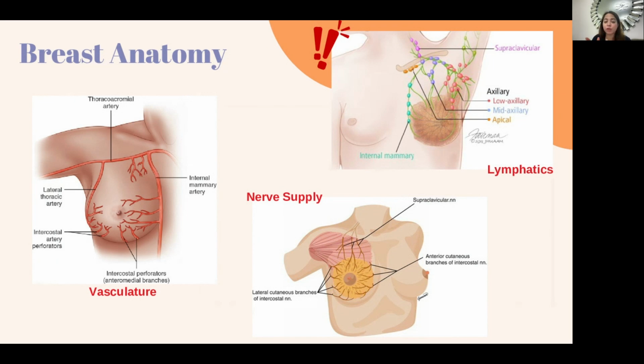There are 3 different groups of lymph nodes that receive lymph from breast tissue. The axillary nodes receive about 75% of the lymph from the breast tissue, the parasternal nodes receive 20%, and the posterior intercostal nodes receive about 5%. So that's of clinical importance with the nodes.